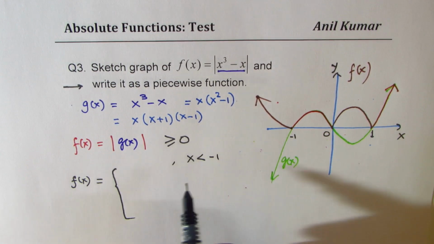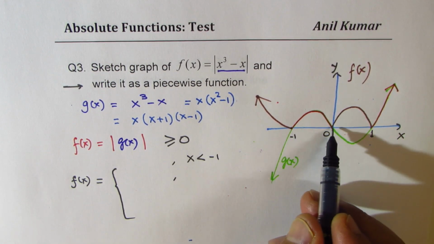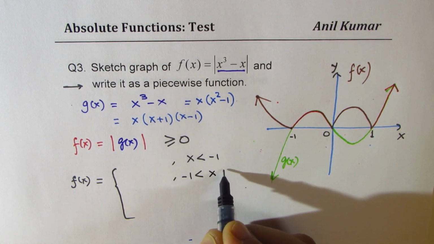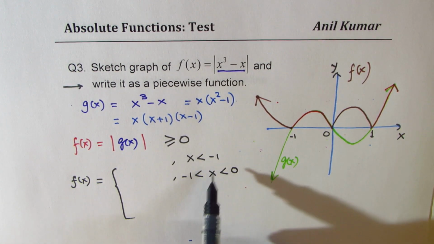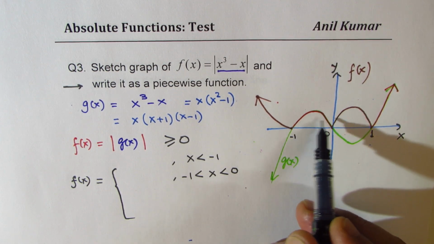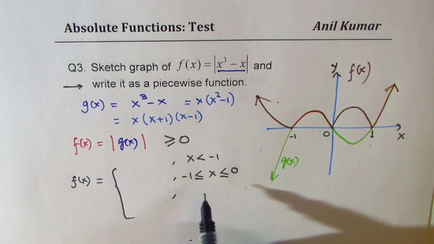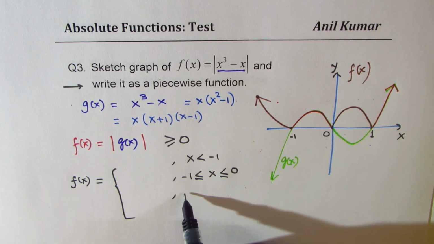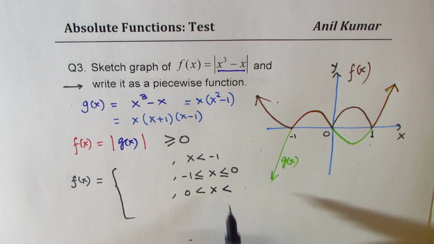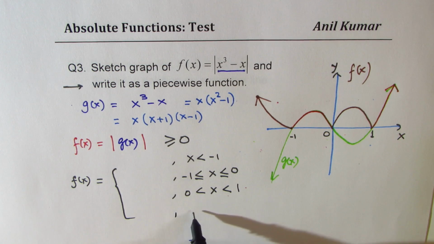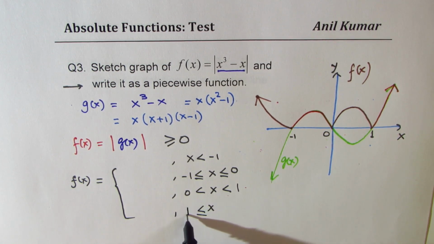The other one is when x is between minus 1 and 0. So that portion, let's use equal to with this portion. Okay. And then what we have is between 0 and 1. And then what we have is when x is greater than or equal to 1. So these are the four different pieces.